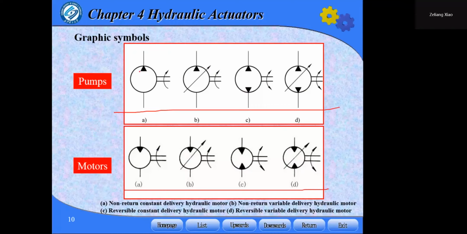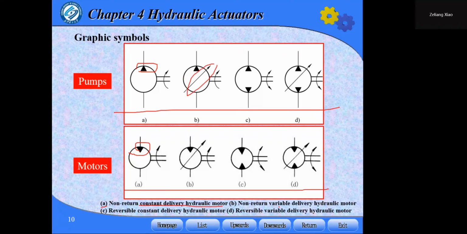The pump symbol is like that. The motor symbol is like that. This figure denotes the non-reversible constant delivery hydraulic motor.